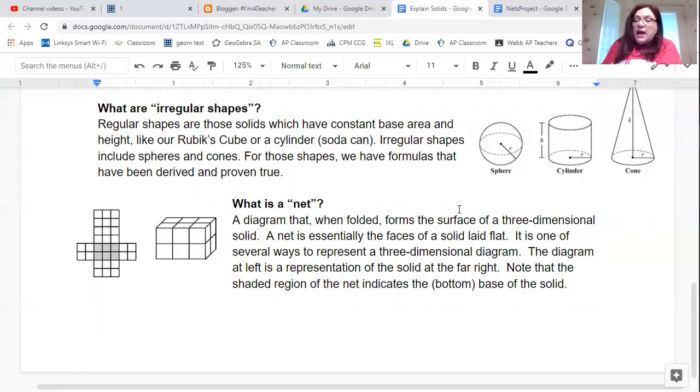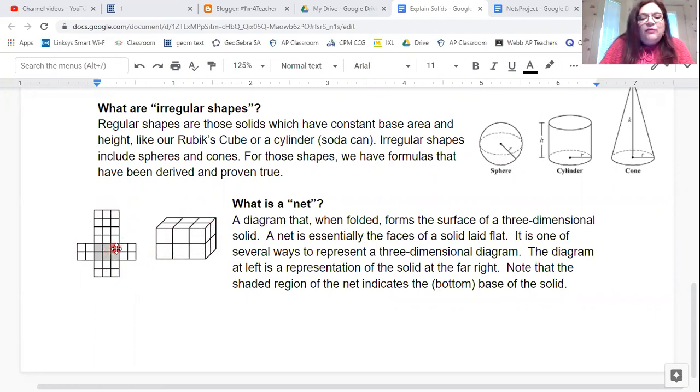So if you look over here on the right, here's a net. A net, it's flat, it's 2-dimensional. And then here's the solid that it turns into.